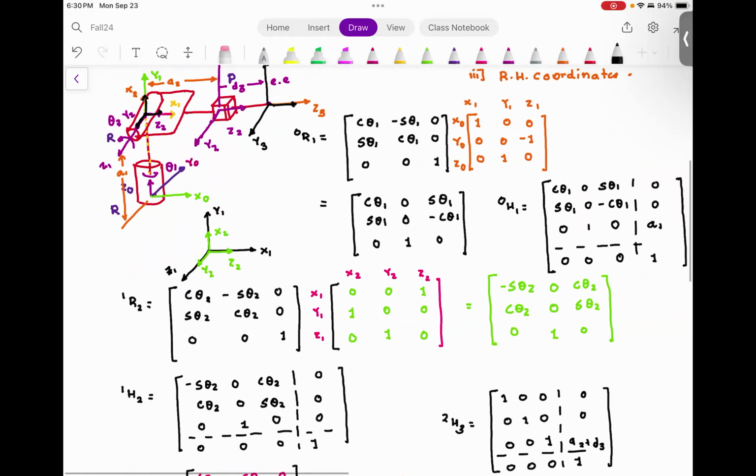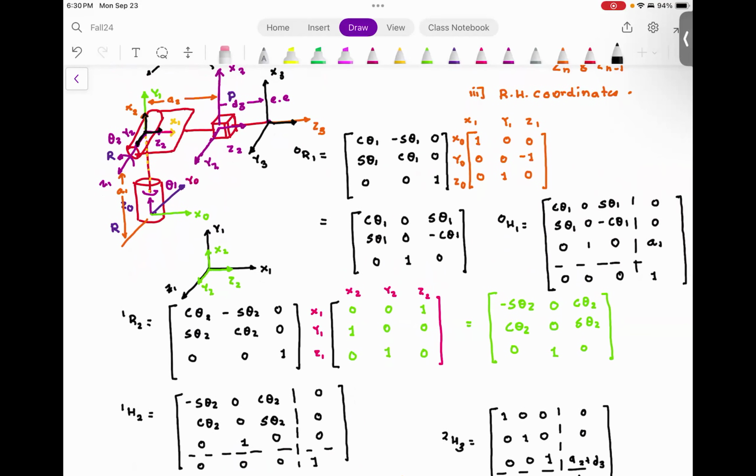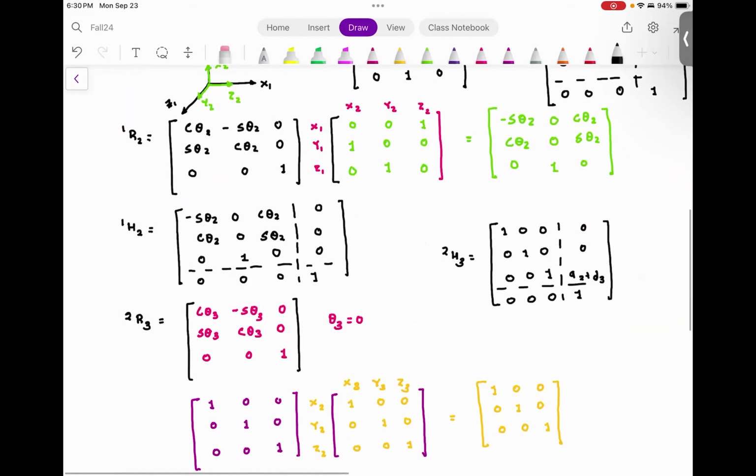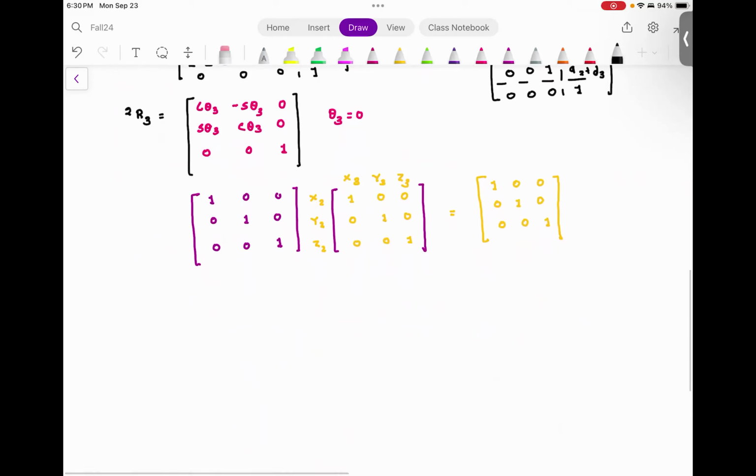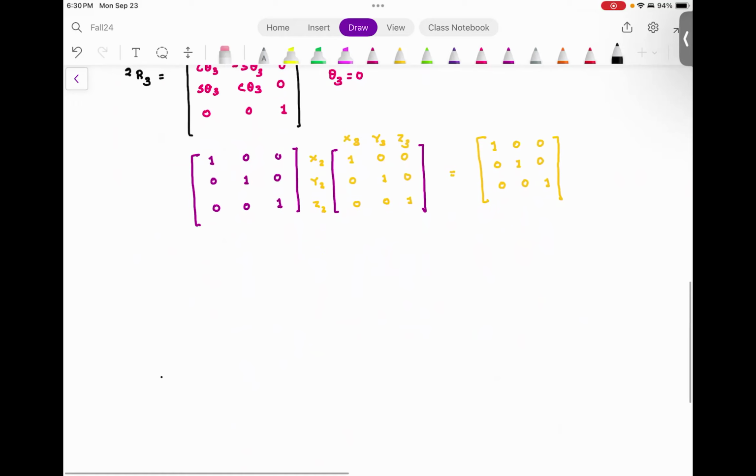How about the rotation of theta 2? Okay, all right. What I'm going to do is, if you have a robot in 3 dimensions, here is what I would do.